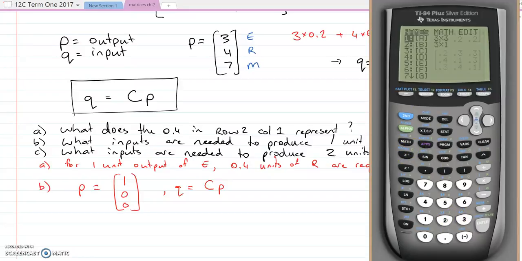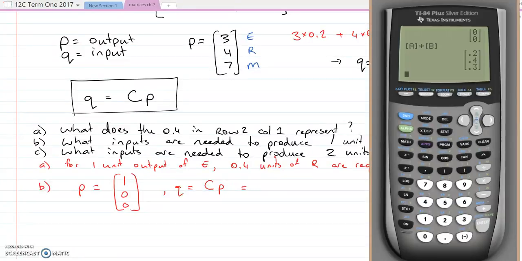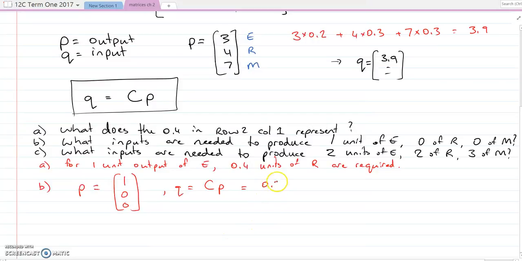And matrix B is just this 1, 0, 0, so we just do matrix A times matrix B, and we get 0.2, 0.4, 0.3 units of E, R, and M as the inputs required to produce this output of just 1 unit of energy.